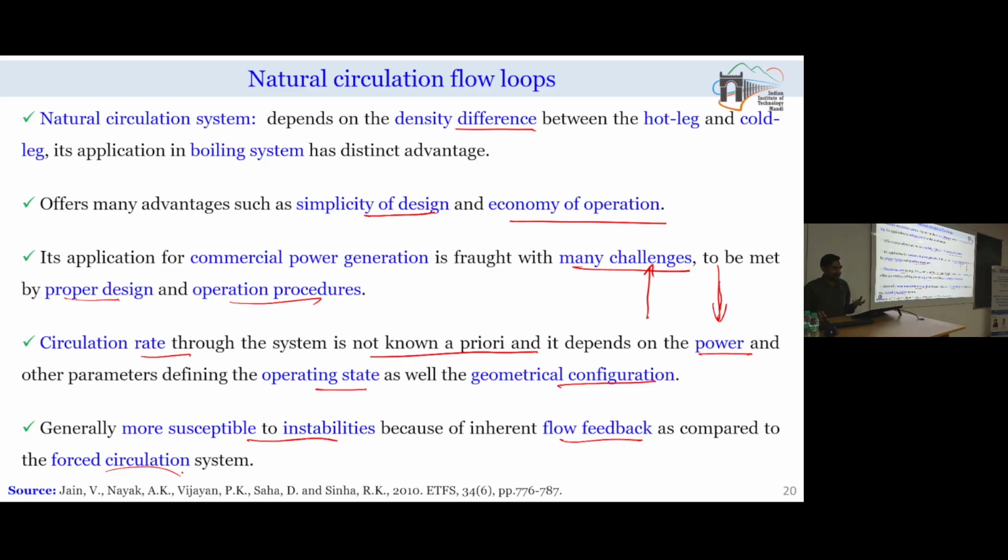What is the meaning of inherent flow feedback? Let us assume that at some point of time, one vapor bubble has started forming. This vapor bubble will keep on growing, and if growth of the bubble is rapid, it may entirely block the path. So if it is entirely blocking the path, then what will happen?